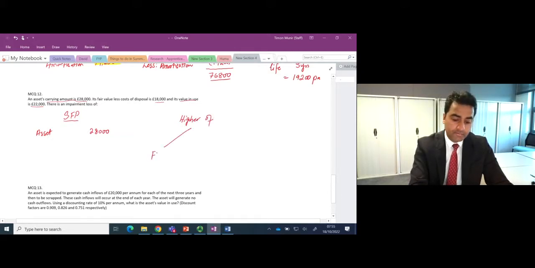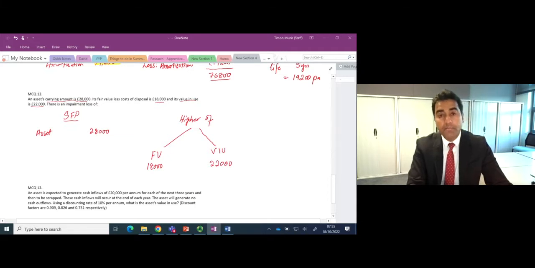So we'll be looking for higher of either the fair value, which is 18,000 pounds, or the value in use, which is £22,000. So when we compare 18 and 22, we can see that the higher is £22,000.